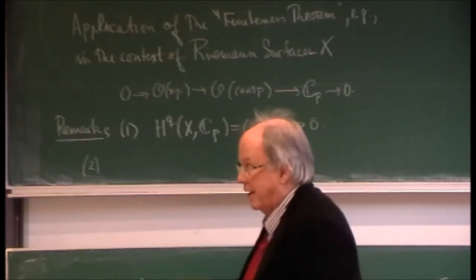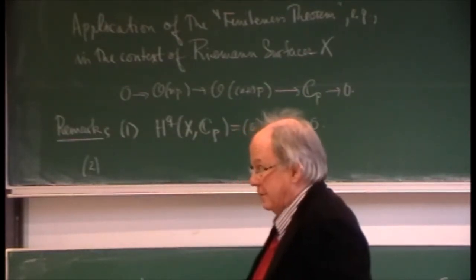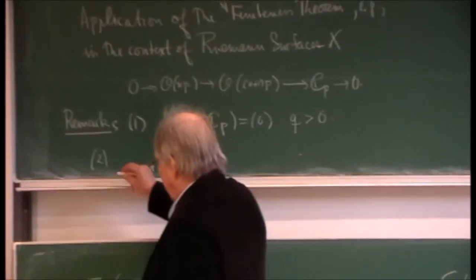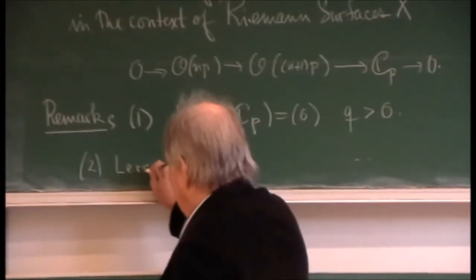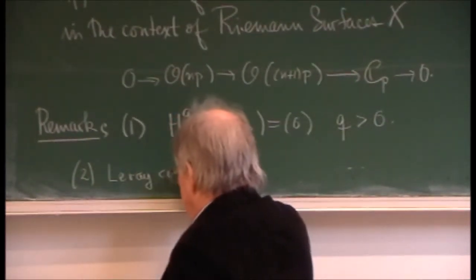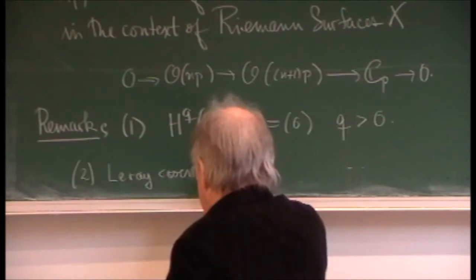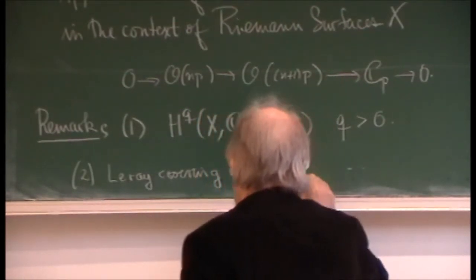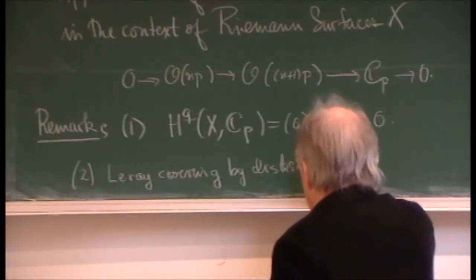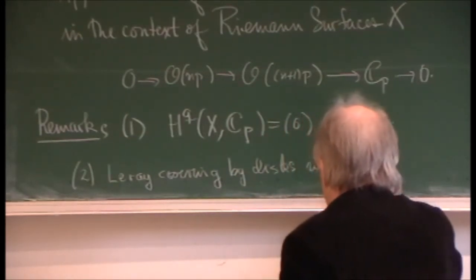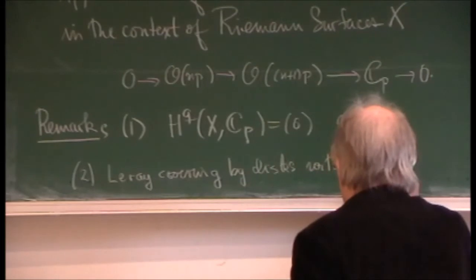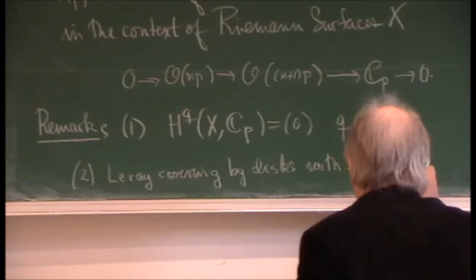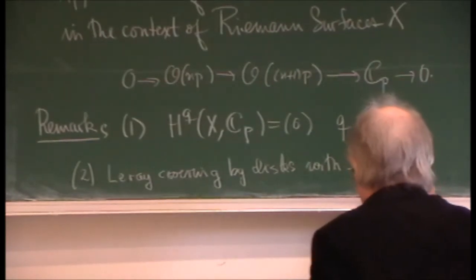I'm going to check it later today, just for fun, for you, that that's really a Lebesgue covering. So, by disks, for example, coordinate disk with at most, so when you have threefold intersections is possible, fourfold is not.